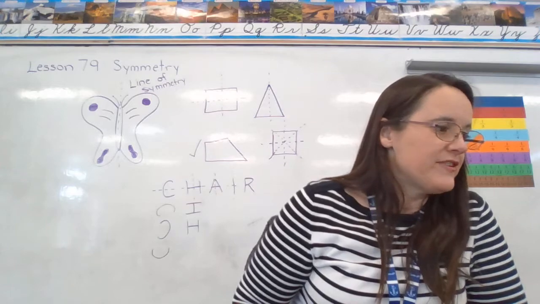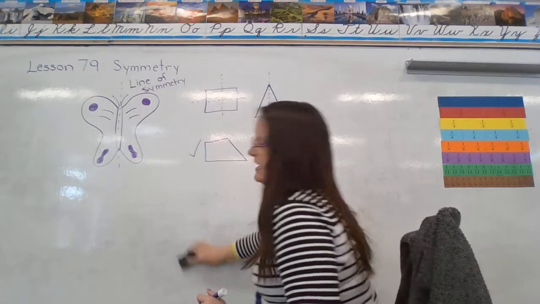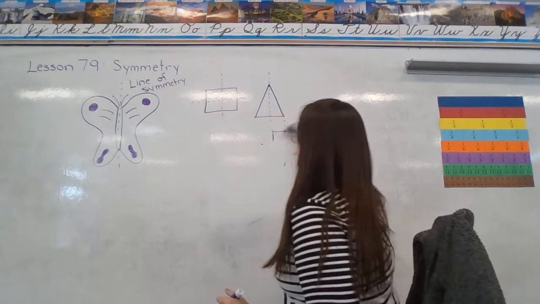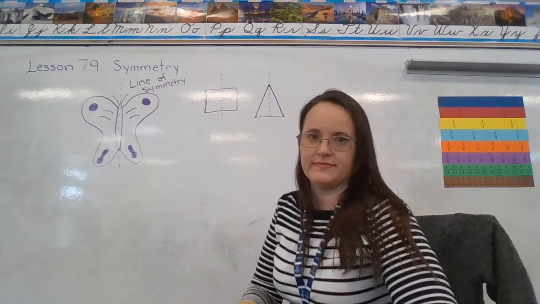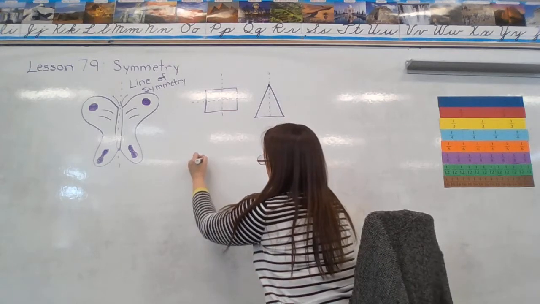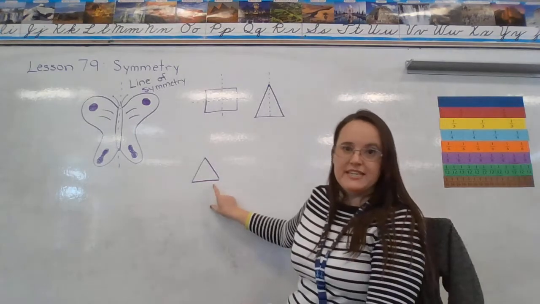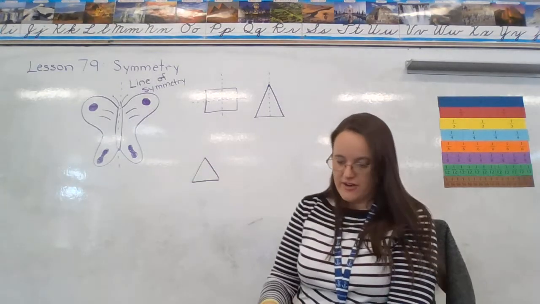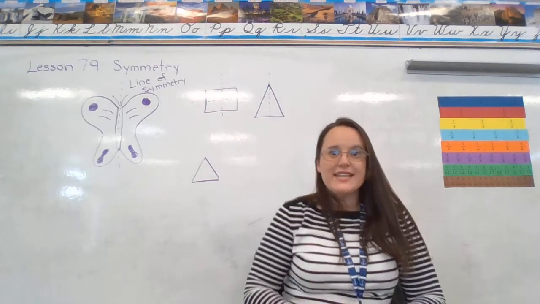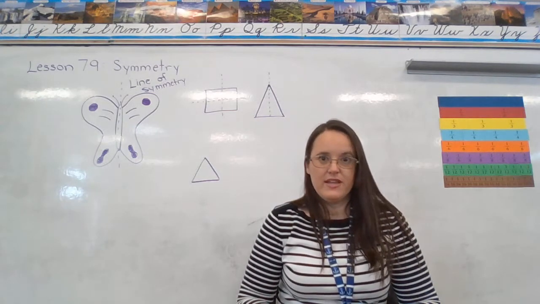So our example for this one is, what about an equilateral triangle? So equilateral means each of these 3 sides are exactly the same length. Does an equilateral triangle have rotational symmetry?